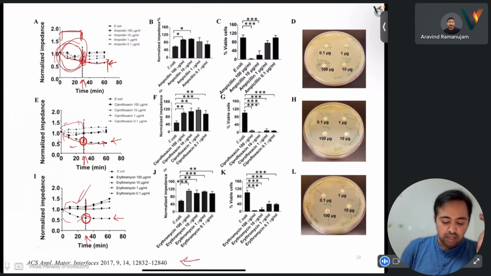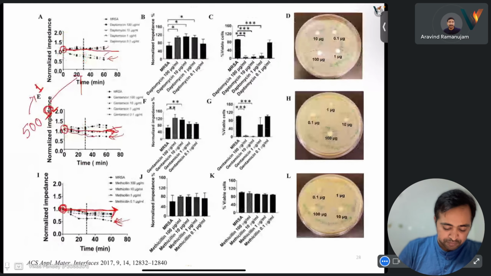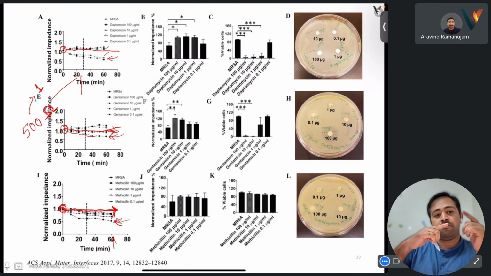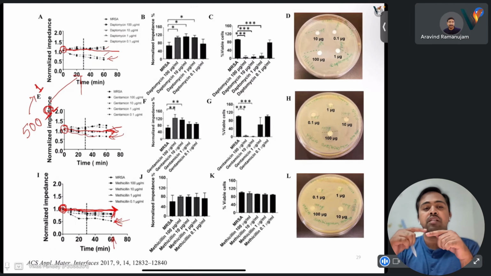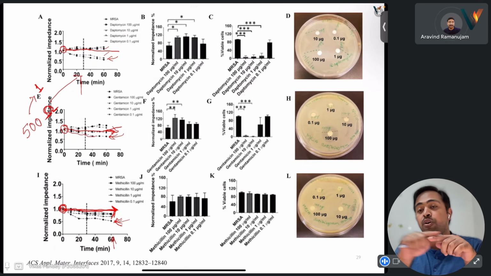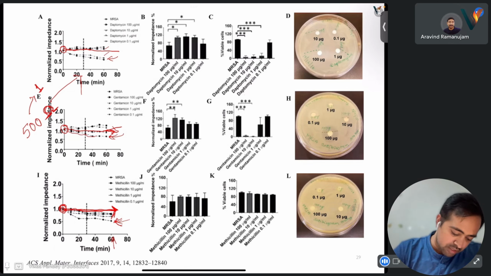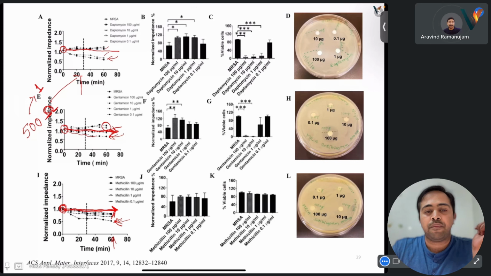So if you see the graph, in this case, even after 60 minutes, no point is reaching above this baseline, the normalized 1 line. Whereas in this case, two concentrations are able to reach beyond this baseline.